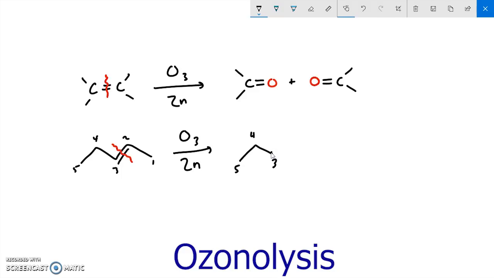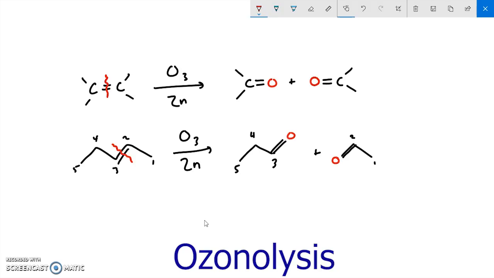At the third carbon, we have the double bond structure, plus the first carbon, the second carbon, and the second carbon having a double bond structure. And we're going to add oxygen to it. So in this case, as you can see, both compounds that have been produced are aldehyde compounds. Again, this reaction involves the breaking down of the pi bond and the sigma bond and the addition of the oxygen.